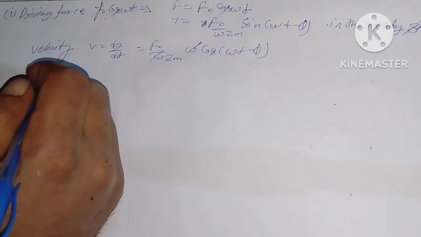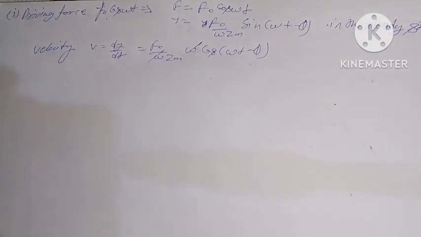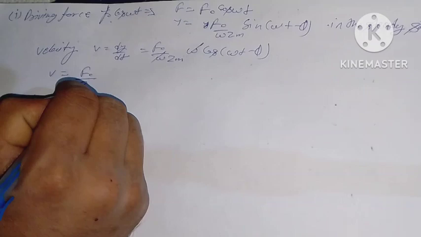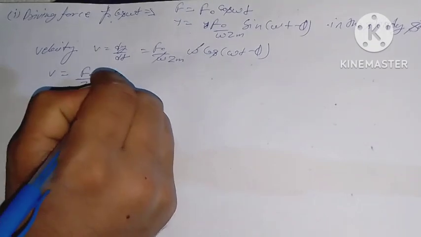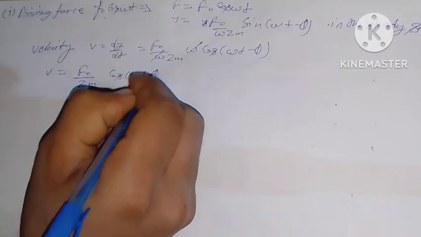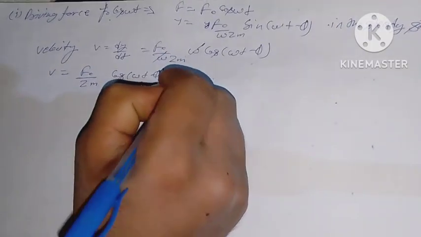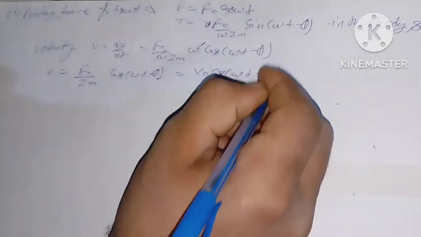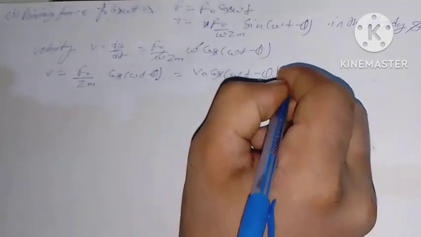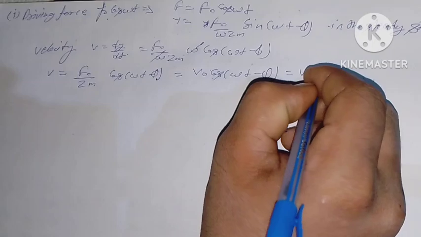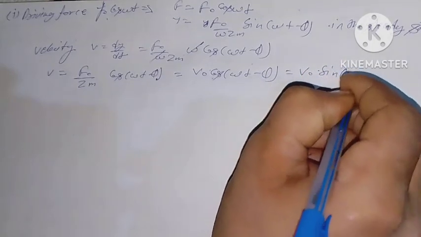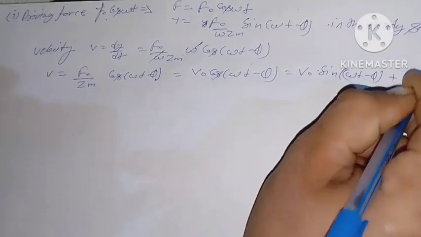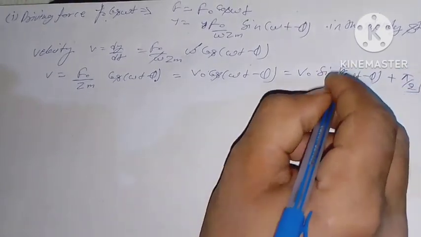Then velocity v equal to f naught upon Zm cos omega t minus phi, equal to v naught cos omega t minus phi, equal to v naught sin omega t minus phi plus pi by 2.